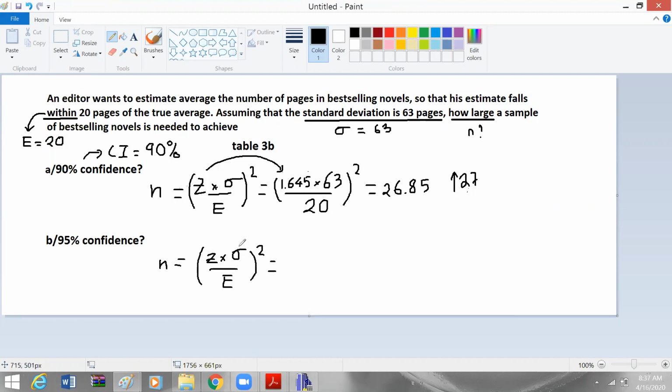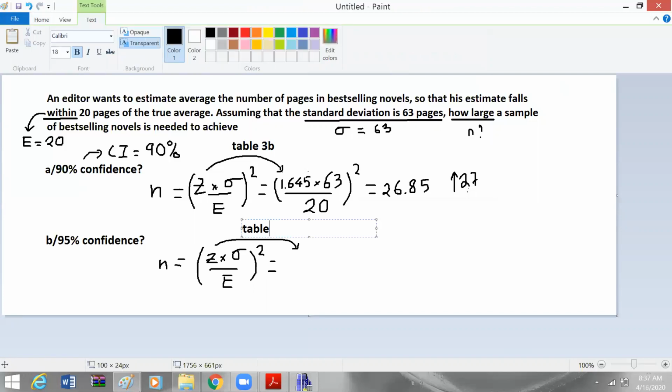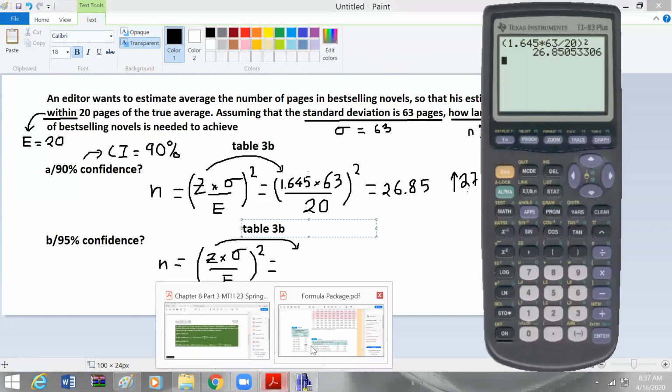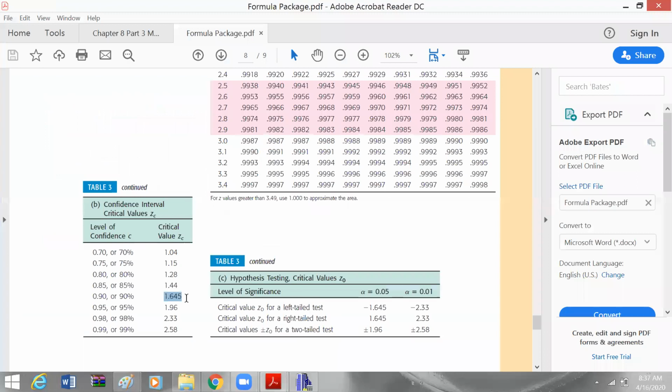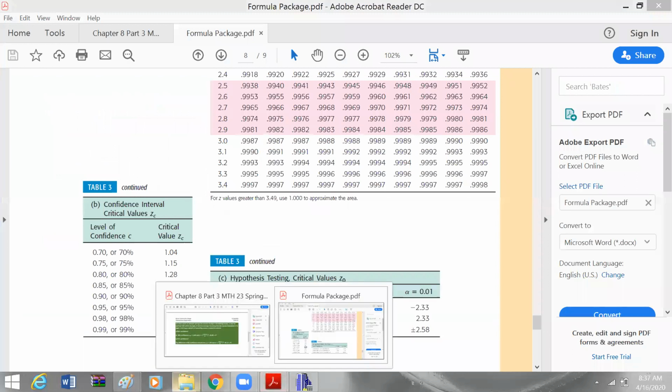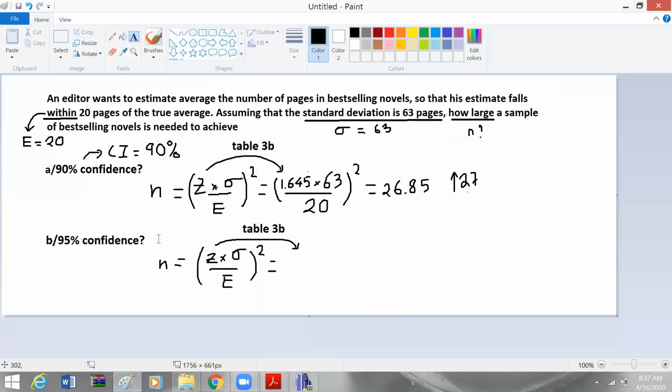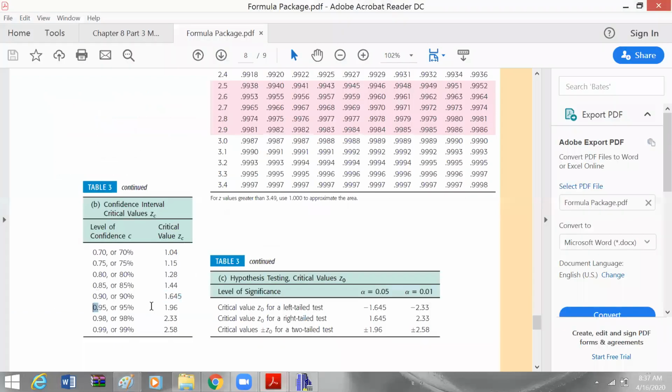In other words, we're going to look for the z-score on table 3b. Remember, for this type of question we can't use table 4. The only thing we're going to do is use table 3b to solve for that. So for 95% confidence, we can check it.